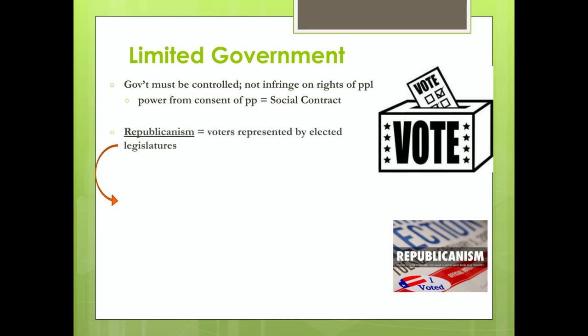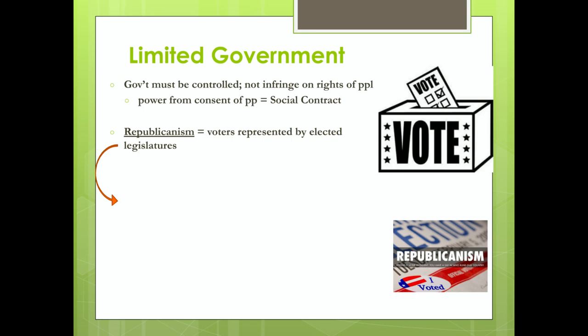We have what we call republicanism, and republicanism is when voters are represented by elected legislatures. So when we elect a House of Representatives member, then that person is representing us. Of course, many of you probably know this.